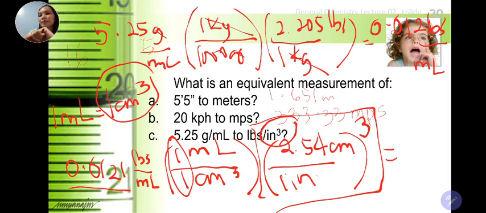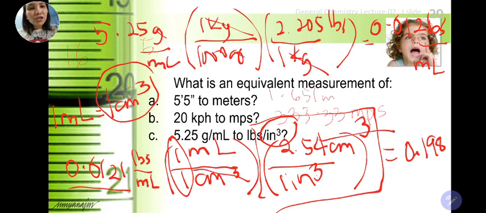So, para makuha natin yung pounds per inch cube natin, times yung answer natin kanina, which is 0.0121. Okay, so our answer would be 0.198. So, magka-cancel out yung units. This will be inch cube.